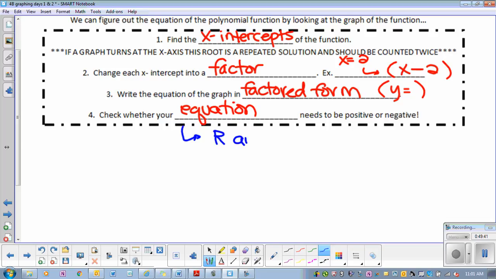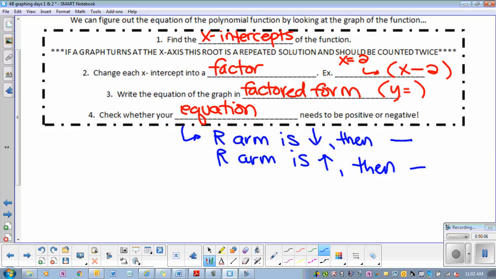If the right arm is going down, then you need to put a negative in the front. All right, then it's negative. But if your right arm is going up, then you just leave it alone, because then it's just positive. You don't have to do anything to it. Just leave it alone.